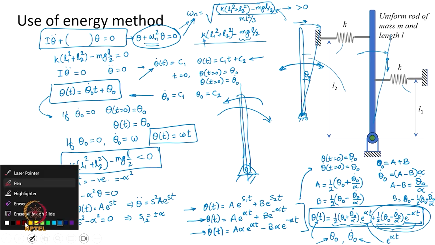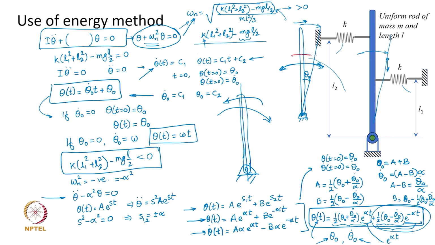So, therefore, this is the case of an unstable vibratory system: with whatever initial conditions you give, theta naught or theta naught dot, the response is always going to be unstable. Okay. This is the concept of stability in this particular context, even in the case of the undamped vibratory system.